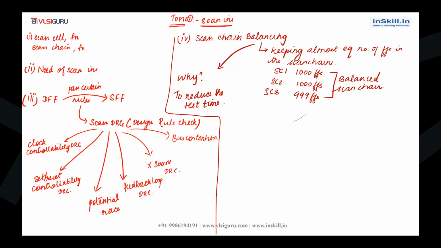Now, if you want to achieve scan chain balancing, then you need to adopt certain techniques called edge mixing and domain mixing.